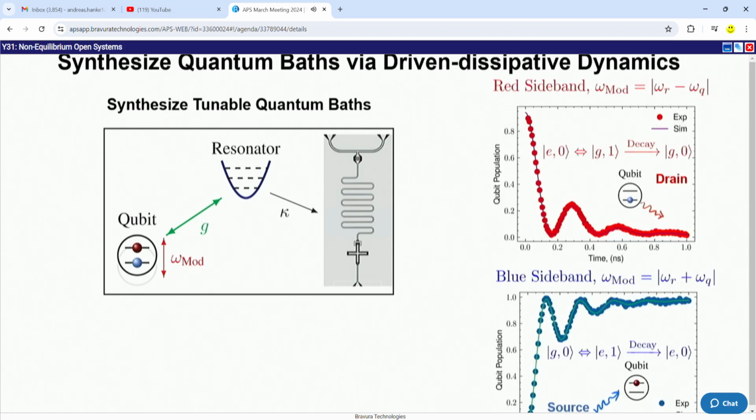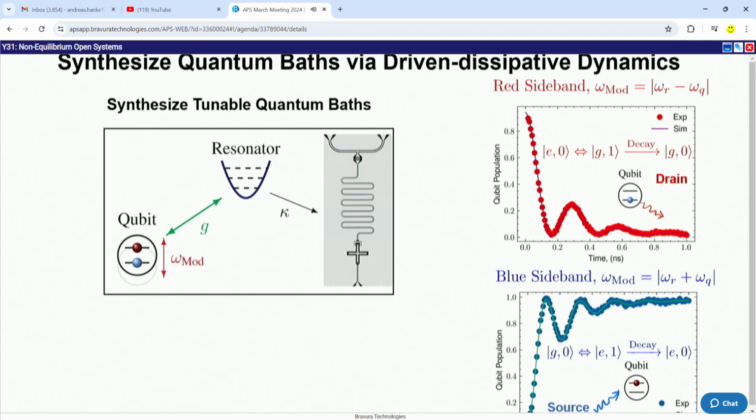We have two kinds of interaction: red sideband and blue sideband, which correspond to swapping the population of different subspaces in this combined system. With the fast decay of the photon in the resonator, we can effectively build the drain and source buses, which correspond to incoherently removing or filling a particle in one qubit.